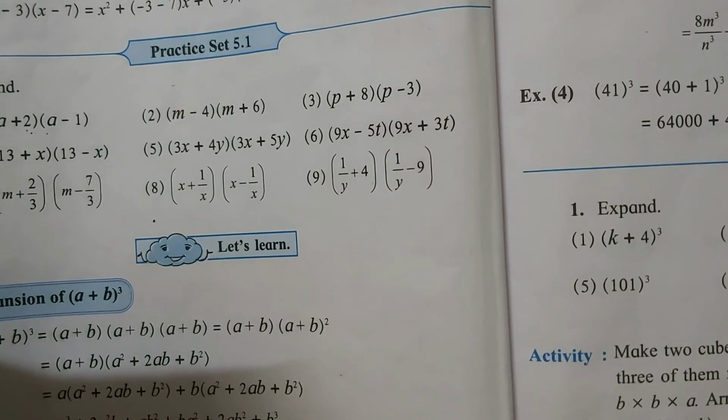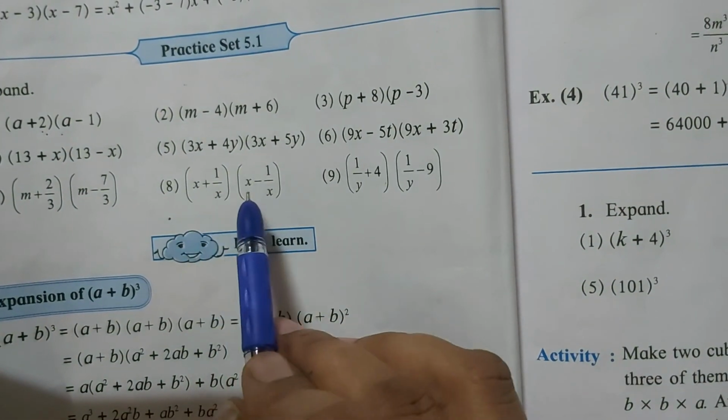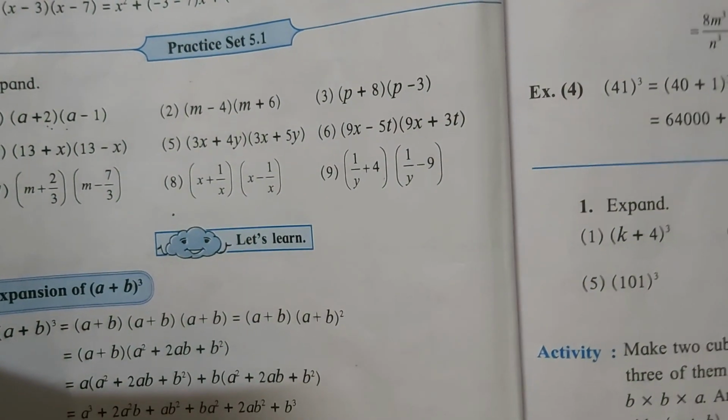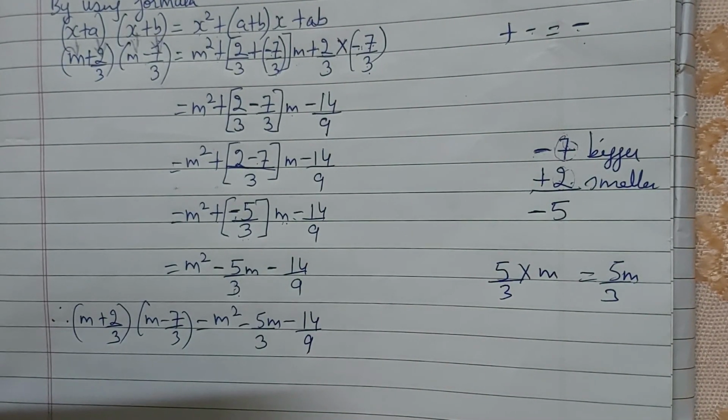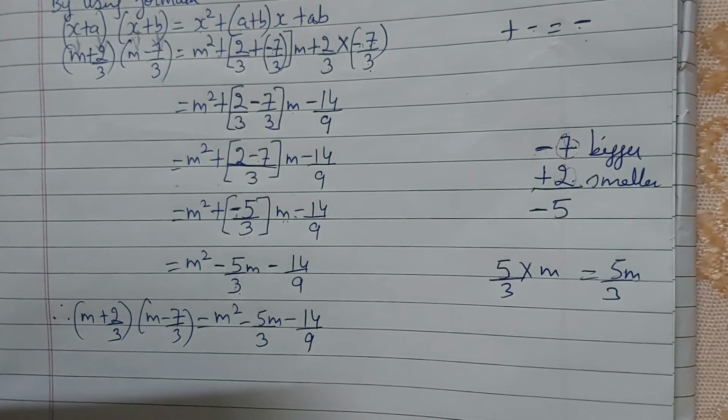Now the last sum, the eighth sum, is x plus 1 upon x, x minus 1 upon x. The eighth sum we will take.